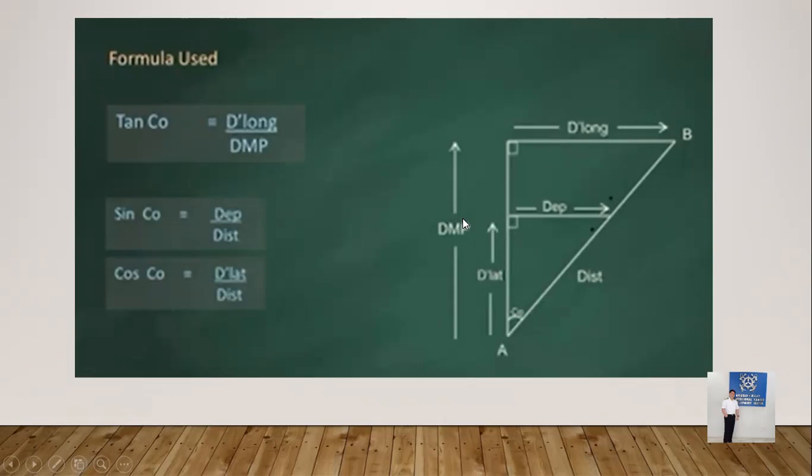This one is the new formula derived for Mercator sailing. The sine and cosine of the course are just the same, coming from the plain sailing formula. So remember this one: tan course is equal to D long over DMP. Other than that, we also have this formula. Kindly please screenshot it.